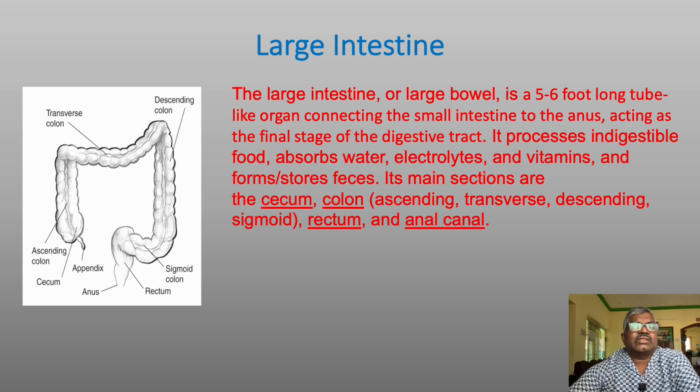Here also the complete absorption takes place, absorbing digested food as well as water, minerals and vitamins. Finally the undigested food and waste will be removed through the rectum and anus.